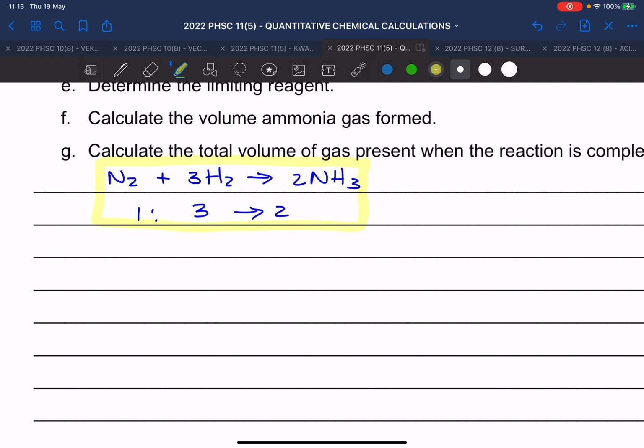So I'm just going to say again, normally I convert everything to moles, but now because they are all gases and at the same temperature and pressure, I can compare the volumes. So now I'm going to write here beginning, change, end, but I'm going to fill in the volumes.